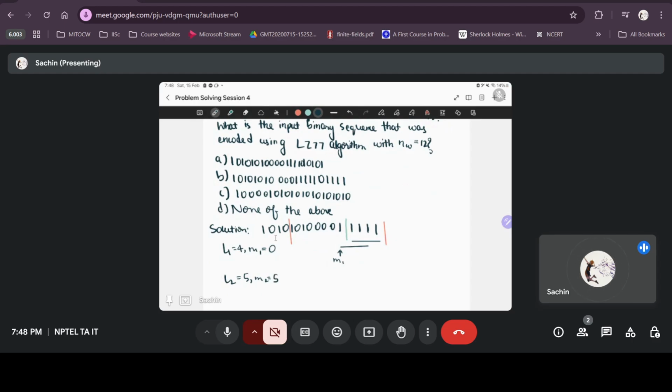So the next 5 bits match with the 5-bit substring in the dictionary that starts at position M2 equal to 5, which is now you start from here. This is 0 1 2 3 4 5.